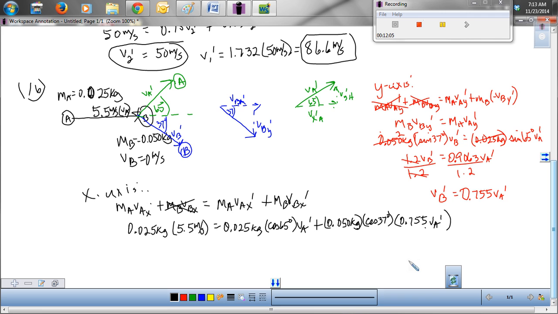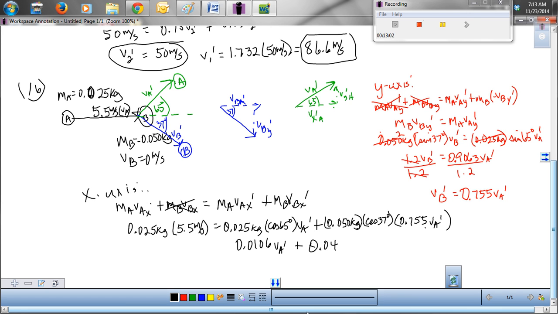So now I've got to plug some things into the calculator. So 0.025 times the cosine of 65 gives me 0.0106 VA prime plus, alright, so let's see if this one works. 0.050 times the cosine of 37 is 0.04, and I need to multiply that by 0.755, and I get 0.0302.